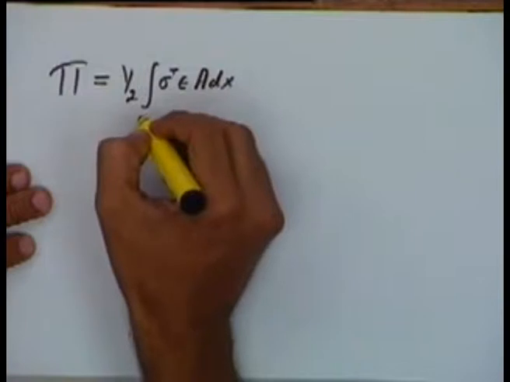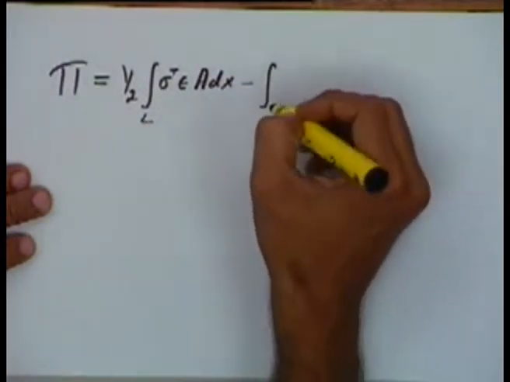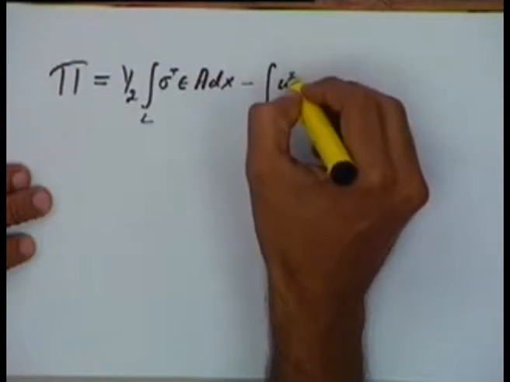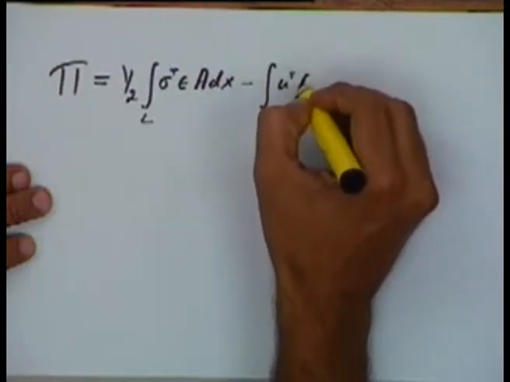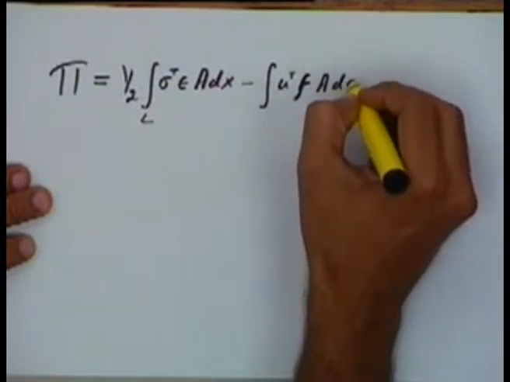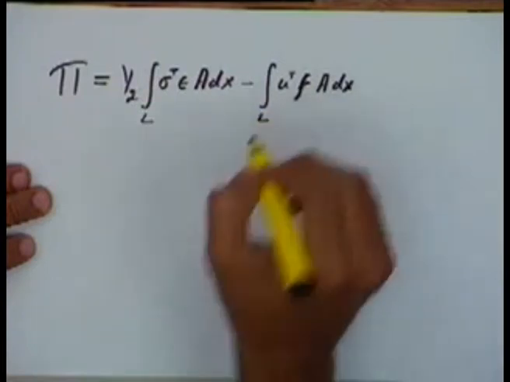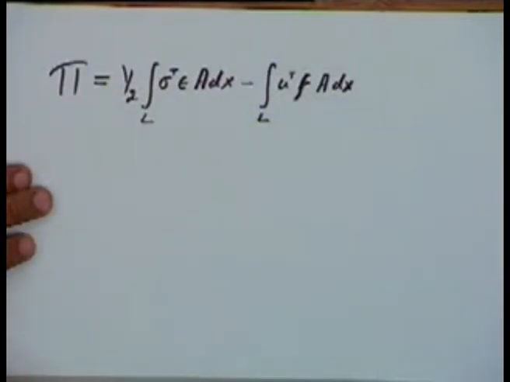Okay, that is the integral along the length, minus integral of u transpose F, that is body forces, into A into dx. Again I am replacing dV by A dx. Again this integral is along the length of the element.